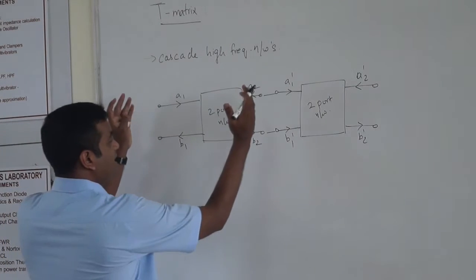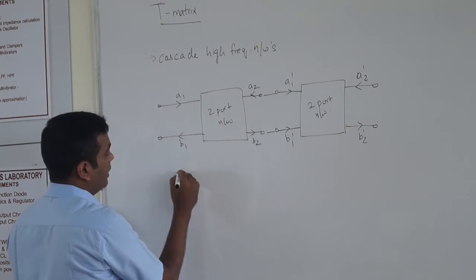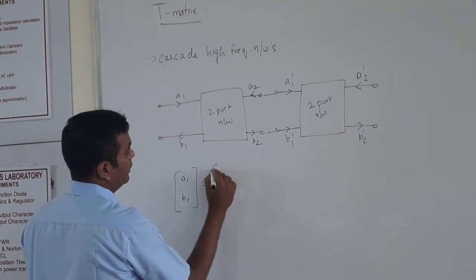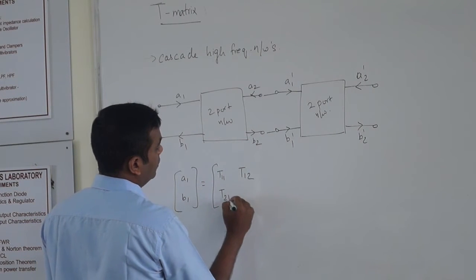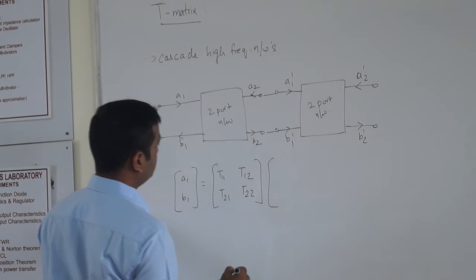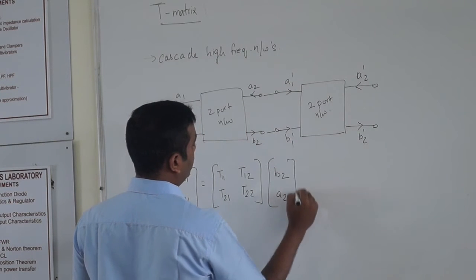So let's write the T matrix of this network. The T matrix of a single two-port network can be written like this: A1, B1 equals T11, T12, T21, T22 times B2, A2.